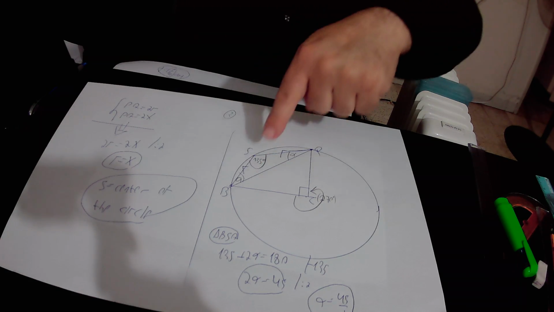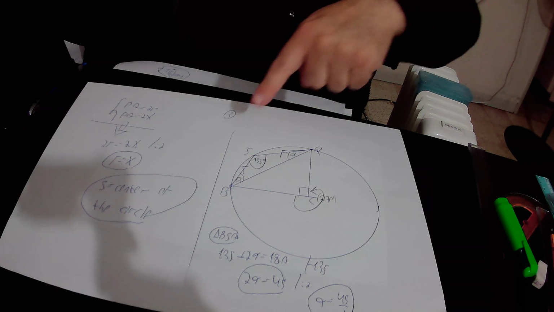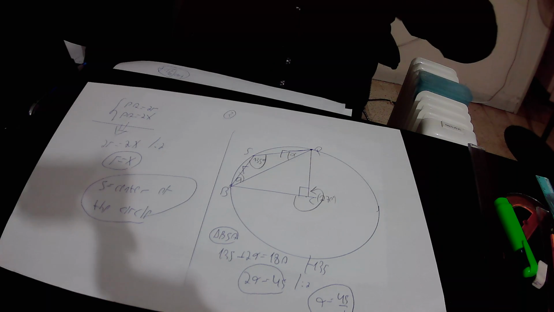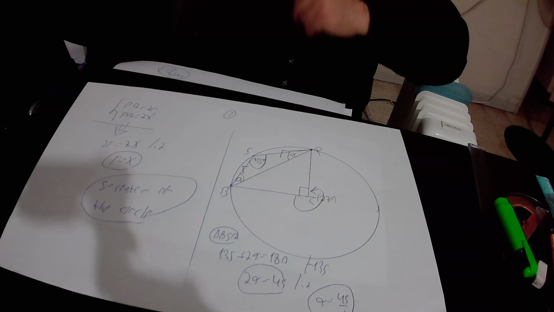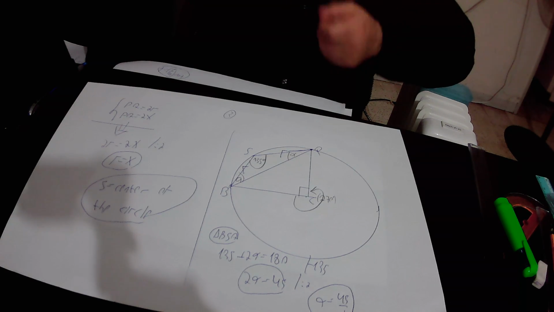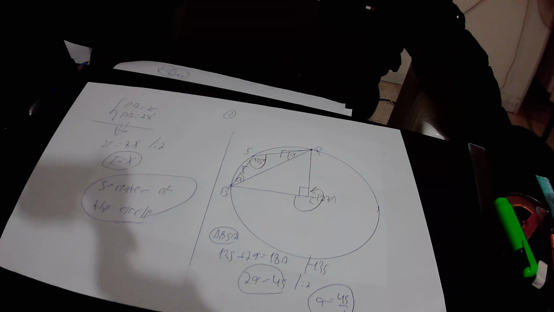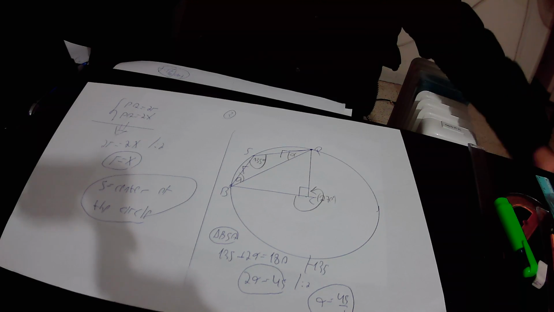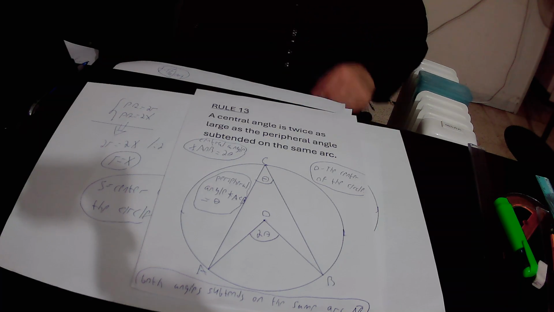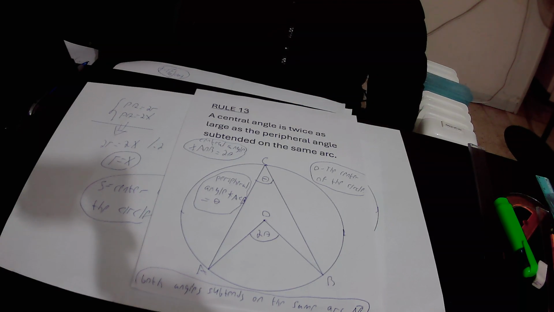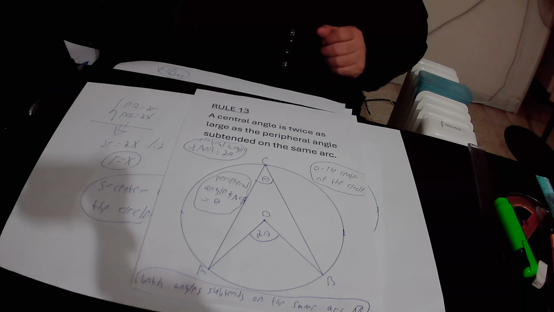This peripheral angle QSB is also subtended on the same arc, arc BQ. And we have rule number 13 that relates a peripheral angle and a central angle that rest on the same arc. According to rule number 13, the central angle is twice as large as the peripheral angle subtended on the same arc.